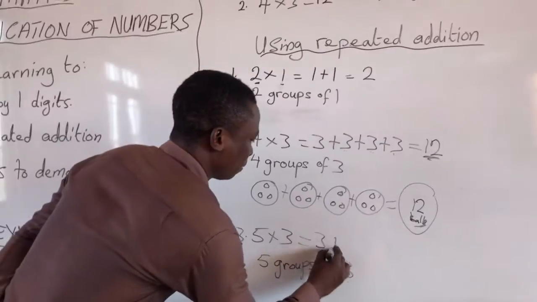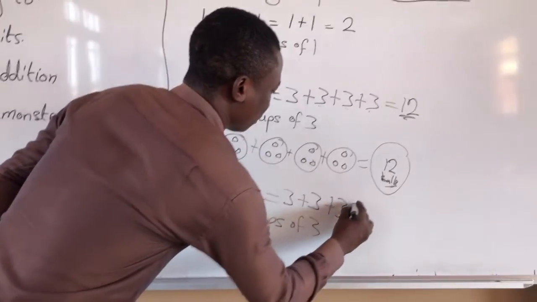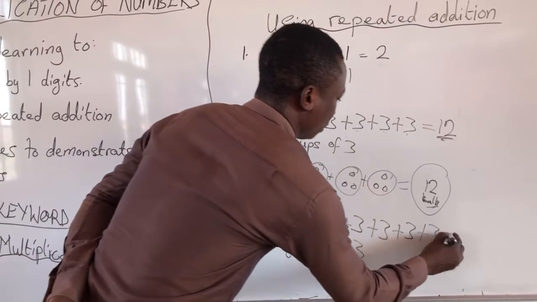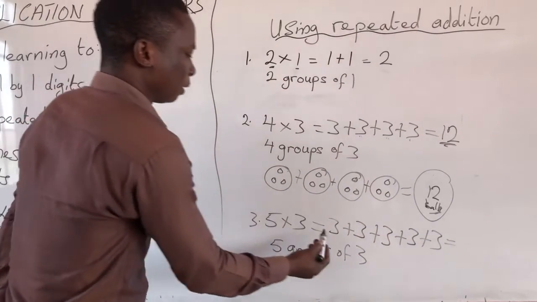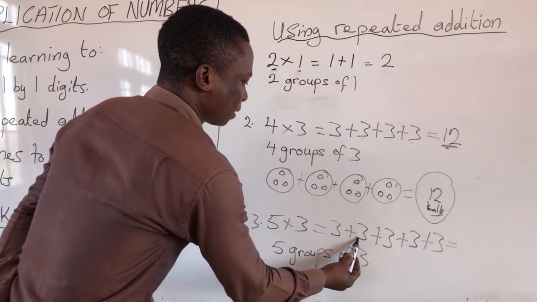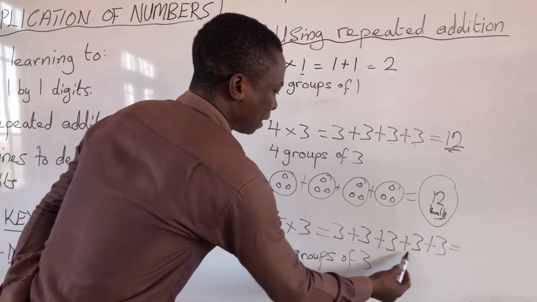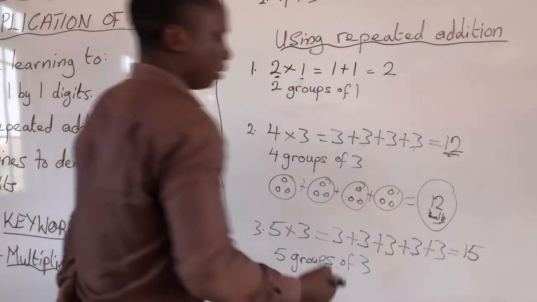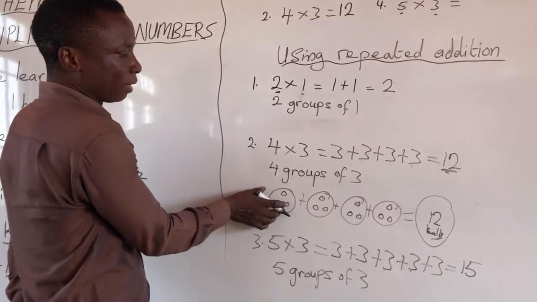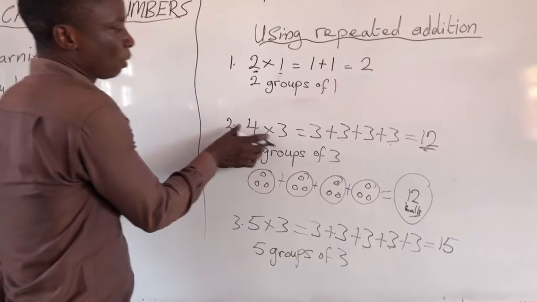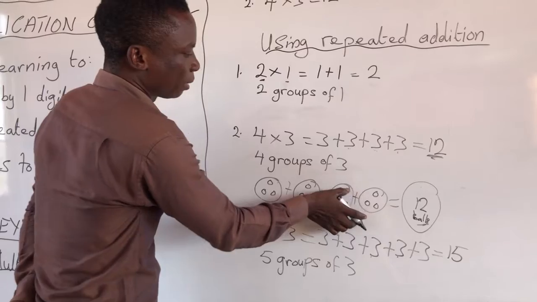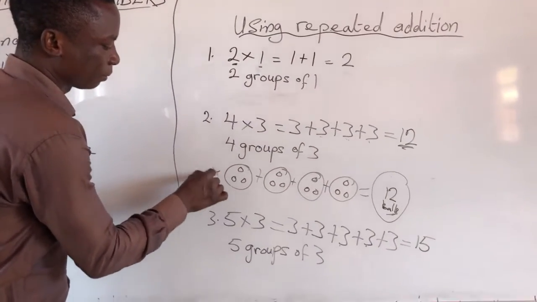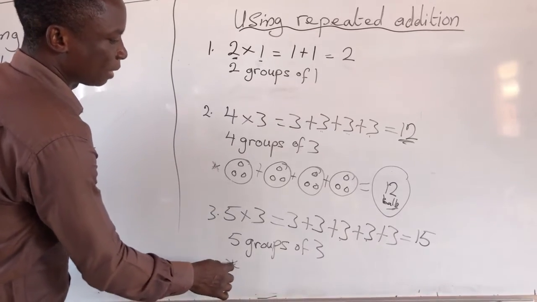So 3 plus 3 plus 3 plus 3 plus 3, 1, 2, 3, 4, 5. Equals what? 3 plus 3 is 6, plus 3 is 9, 9 plus 3 is 12, 12 plus 3 is 15. Then you write it. You can also do it in this way. You either go this way or you go this way. Look at it carefully. I will not repeat this method here again.